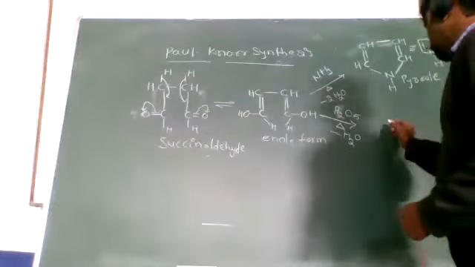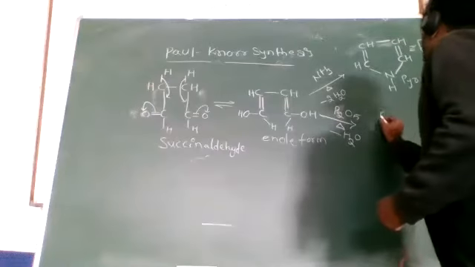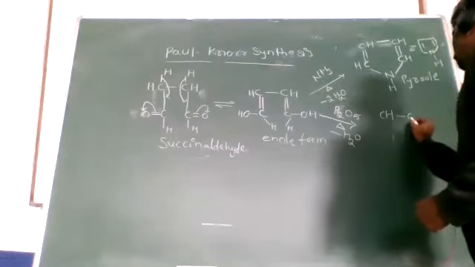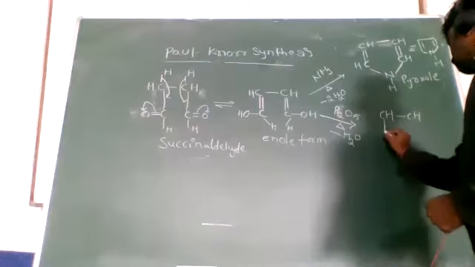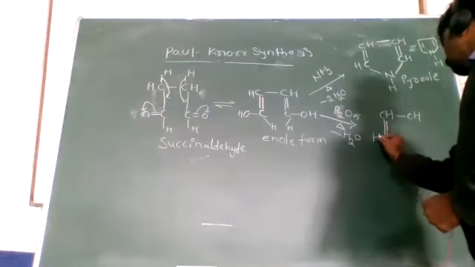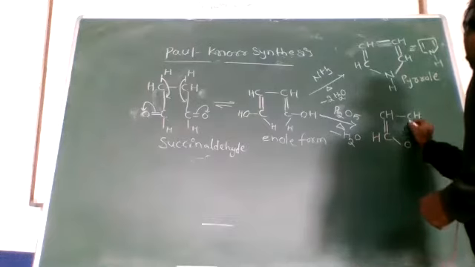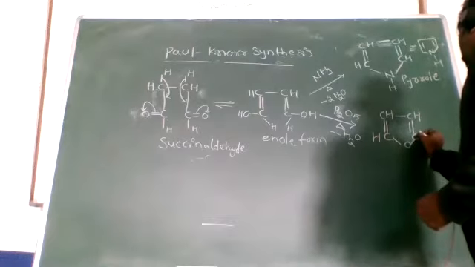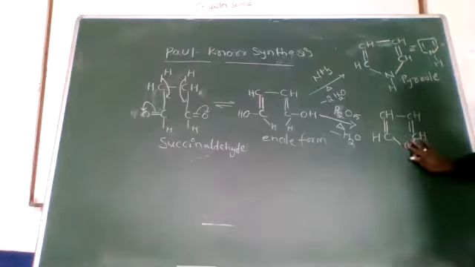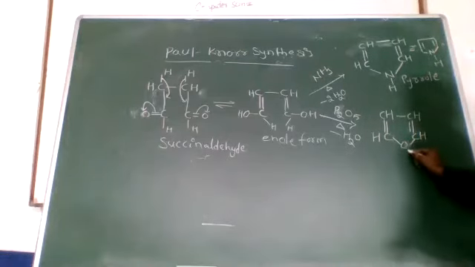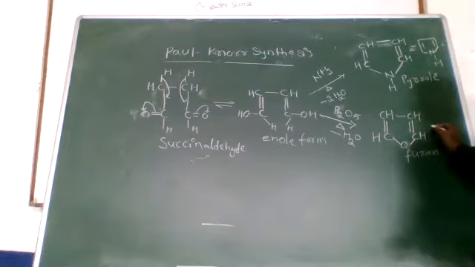Now what is formed here? CH single bond CH double bond CH, and next here is the O, a double bond, CH. So this is furan. This name is furan. This is the furan structure.